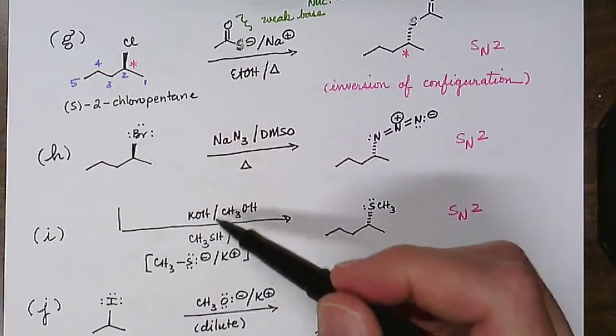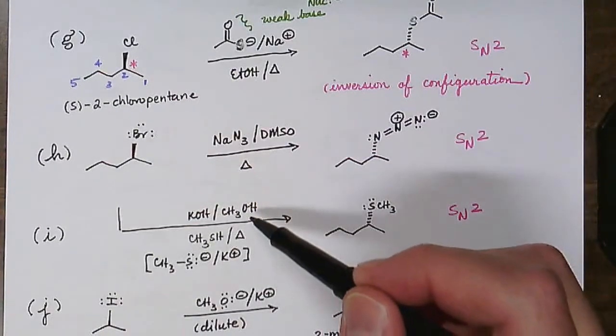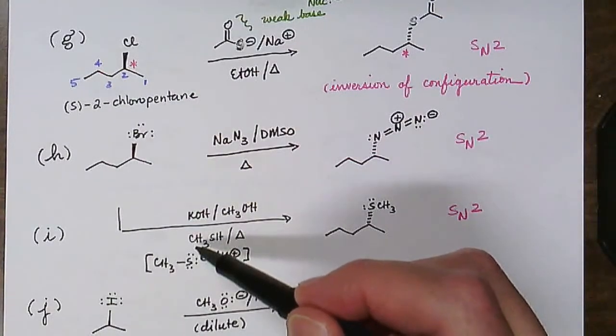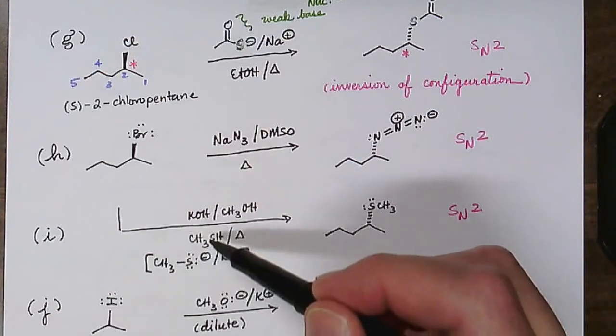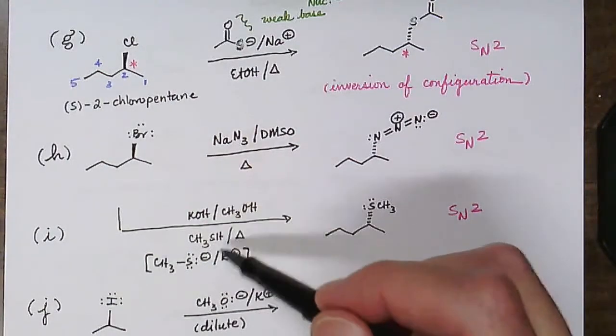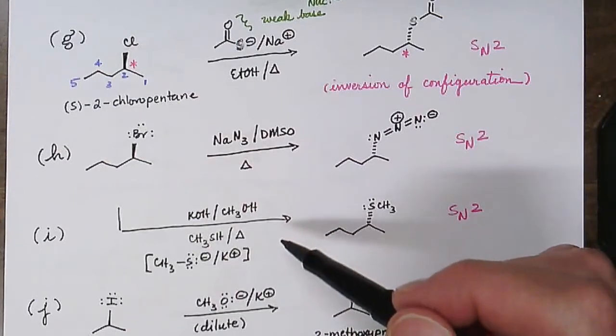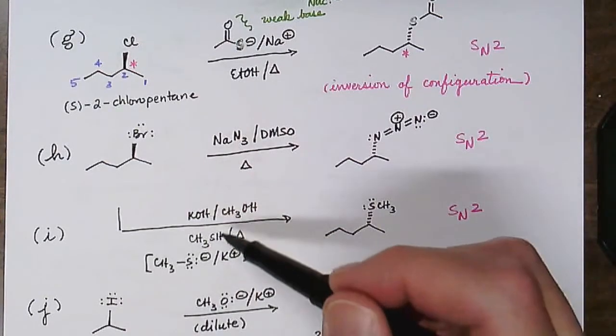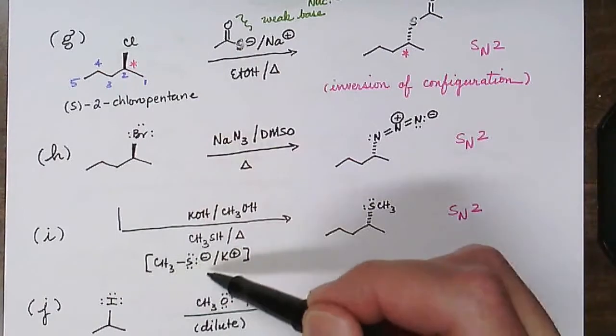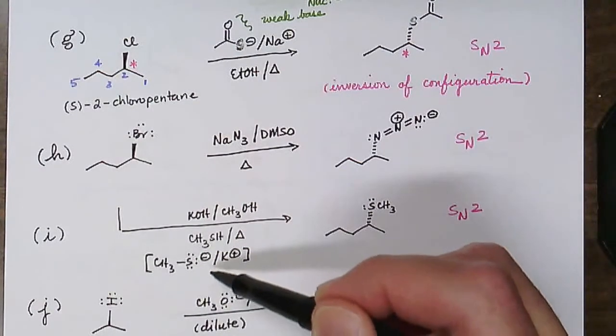If you dissolve potassium hydroxide in methanol and add methanethiol, initially an acid-base reaction would occur between hydroxide and methanethiol to generate methanethiolate as your active nucleophile.